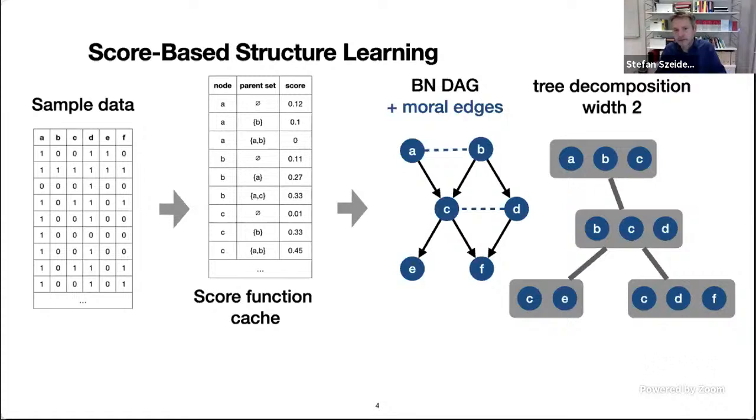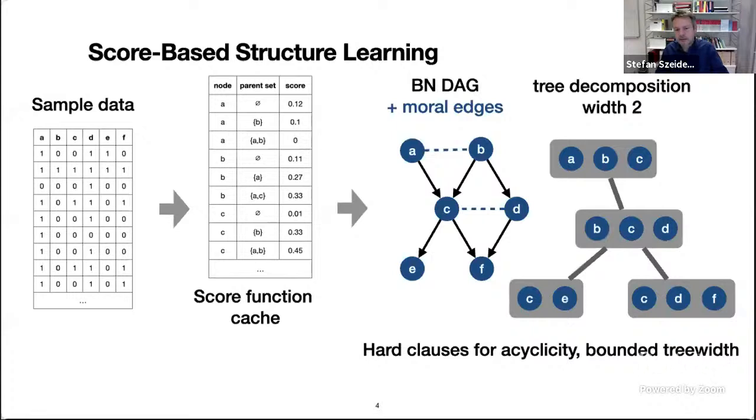In addition, because later on we want to do probabilistic reasoning on this Bayesian network, we want it to have low tree width. So we want to optimize the score subject to a certain bound on the tree width.